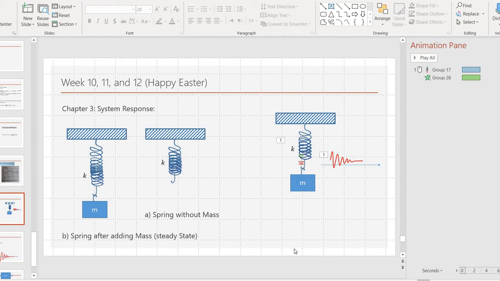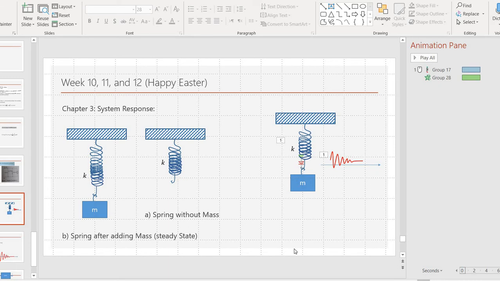This is the phrase that the book is using. They die away or die down, and a steady state response remains. And that is the one that we rely on.